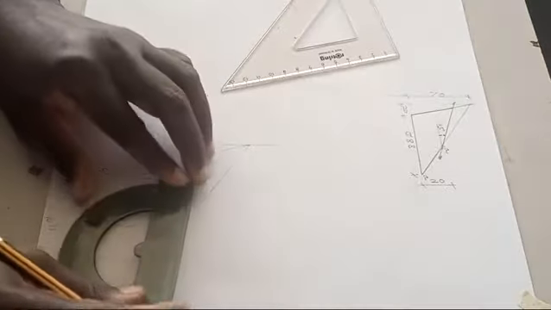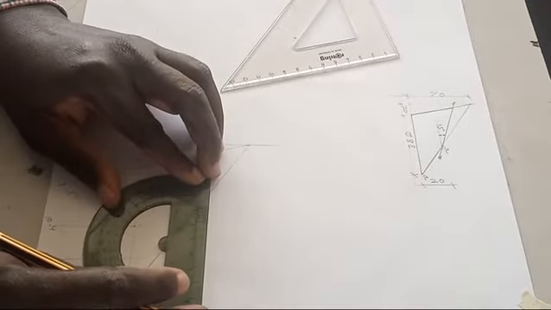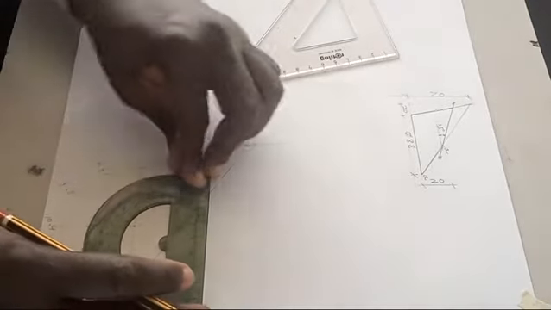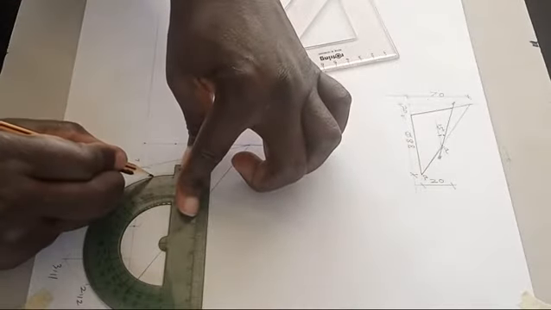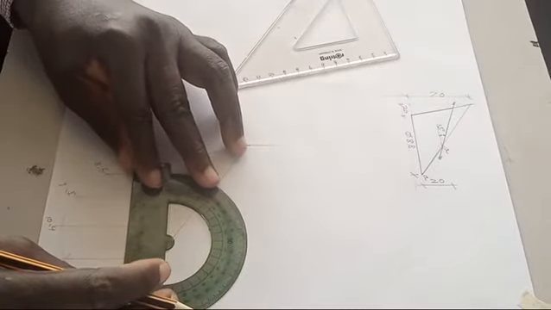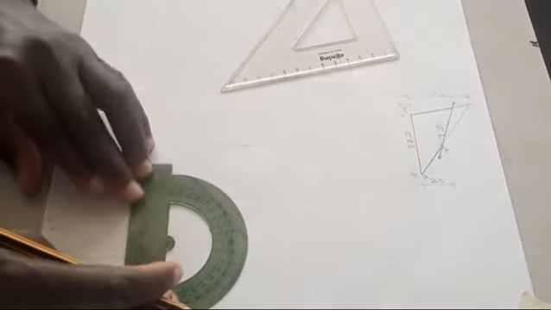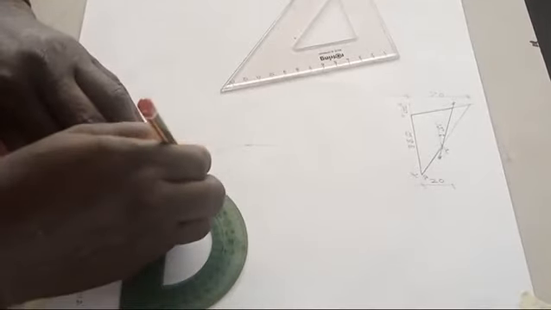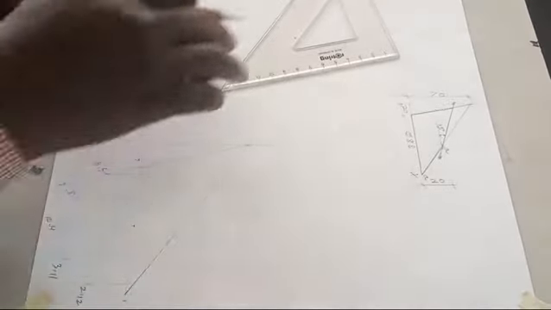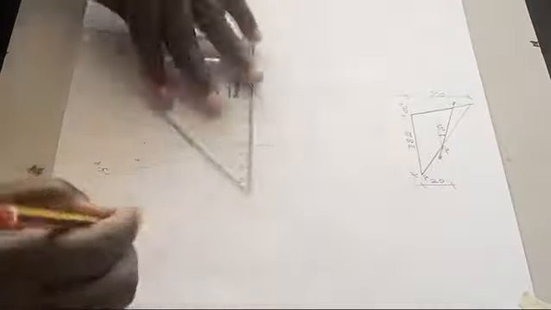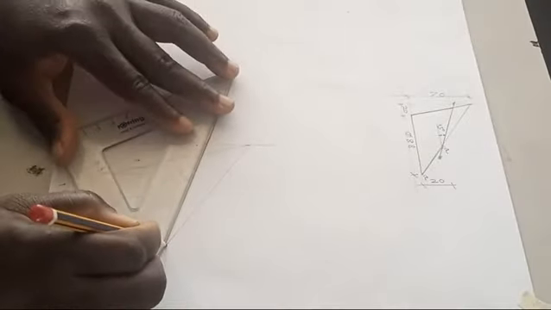So you can put our protractor here and measure 15 degrees. It's 15 degrees upward. So at this point now, you can draw the cutting plane.